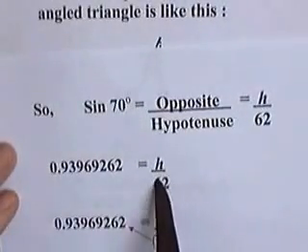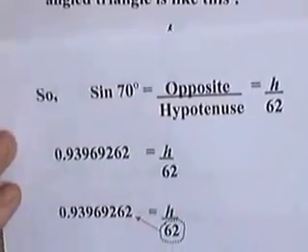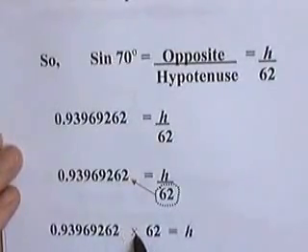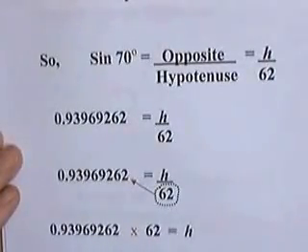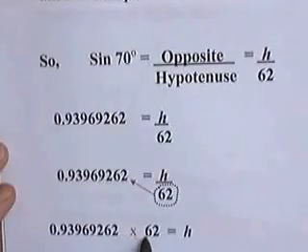So cross multiplication does this. I'm going to take the 62, which is on the bottom, and I'm going to multiply it up there, so that my next line reads like that. There's the multiply sign. It's in red. It's a little bit dim on the image here, but it is there. There's the long decimal for the sine of 70 degrees.